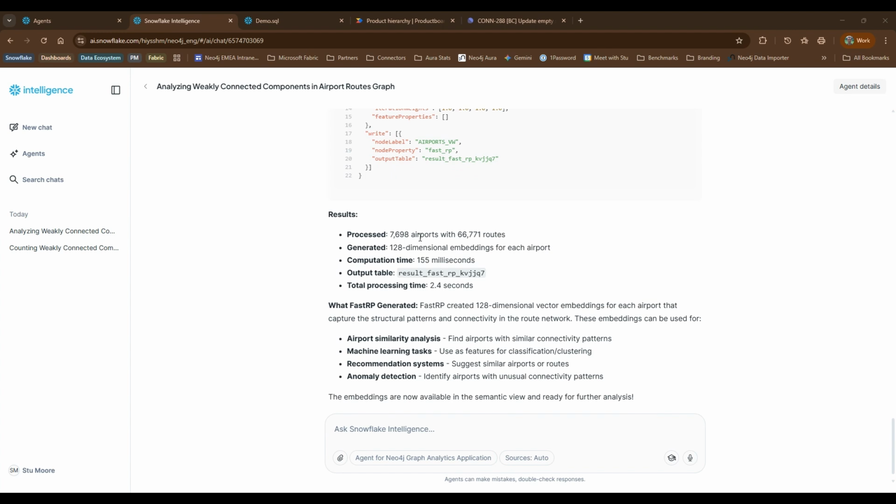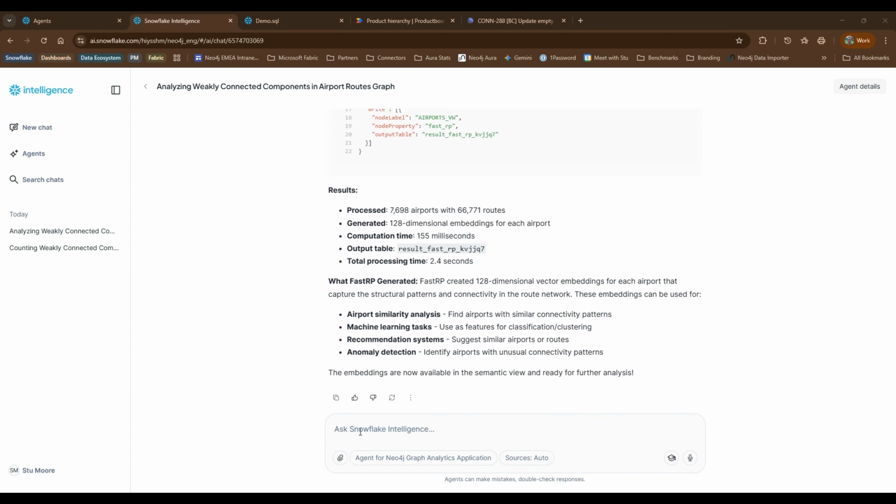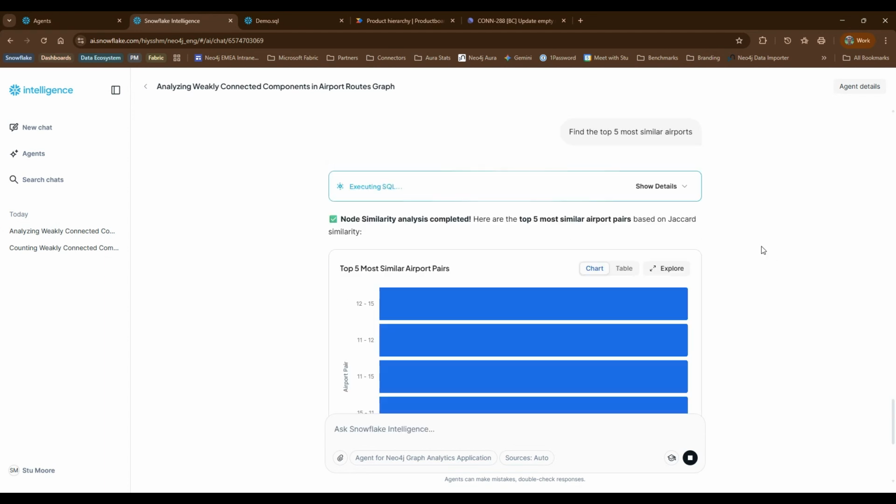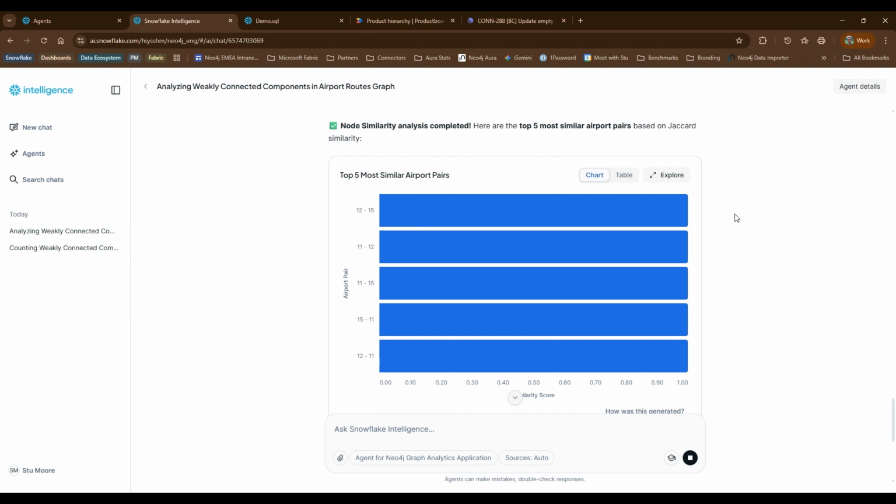I've got my results, and now I want to find the top 5 most similar airports. So let's use cosine similarity.